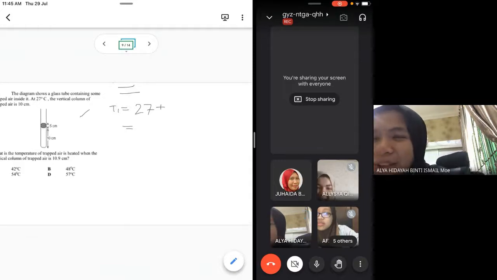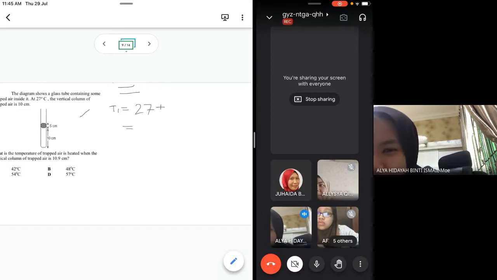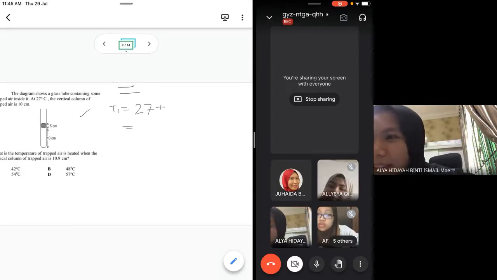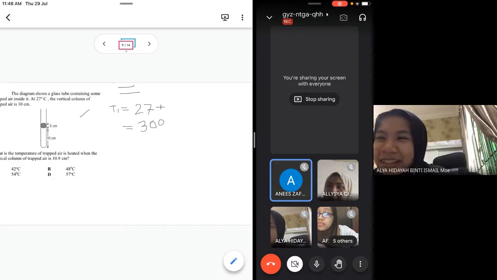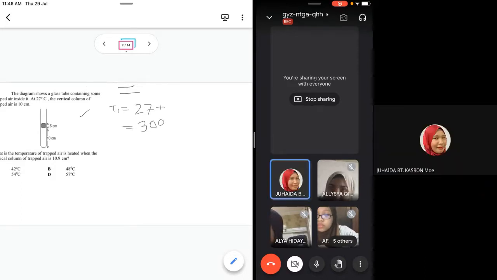So firstly, we need to change the 27 to Kelvin, right? Yes, that's right. Okay, you just finish this question and then go to the Physics Studio afterwards, okay? T1 is 27 plus 273.